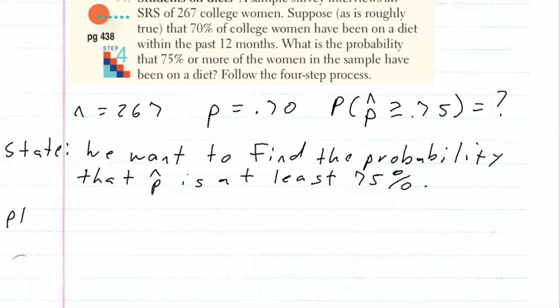Let's do our plan. So with this problem, basically we're going to want to show that p hat follows an approximately normal distribution, and if it does, then we can use the z-table in order to find this probability.